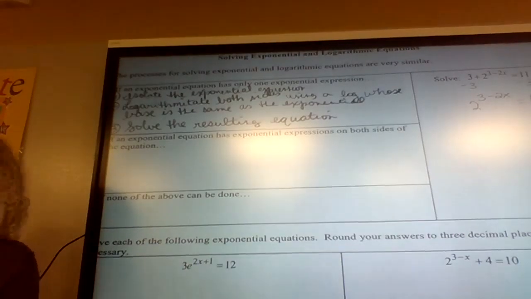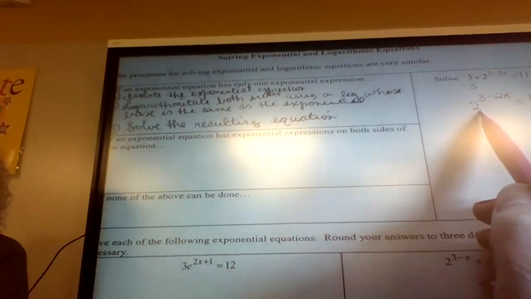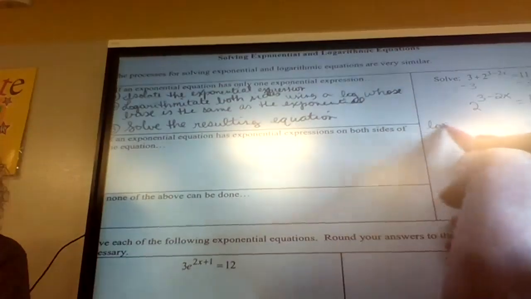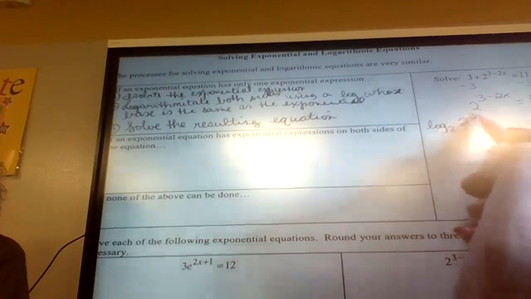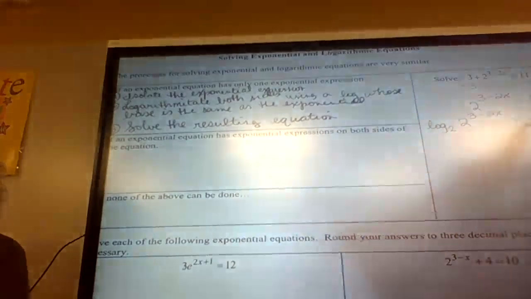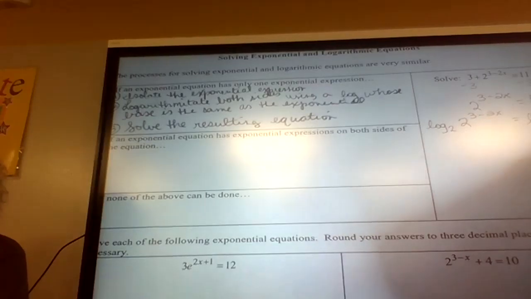So at this point, this is when you logarithmitate both sides using the base of the power. So this base is 2. So I would say log base 2 of 2 to the 3 minus 2x equals log base 2 of 8.